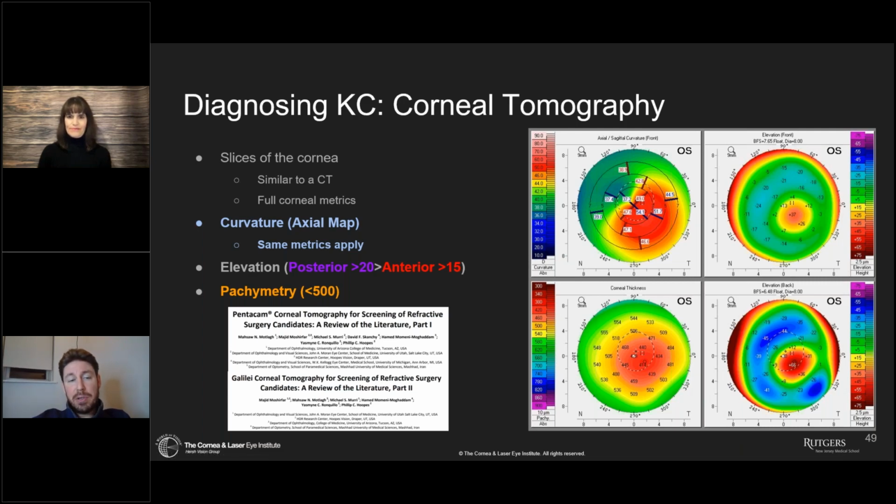Now, global pachymetry, you're looking for any point of that pachymetry less than 500 microns. These were derived from some really intense meta-analyses to come up with these values. But these are general good rules of thumb when you're looking at Scheimpflug-based corneal tomography.